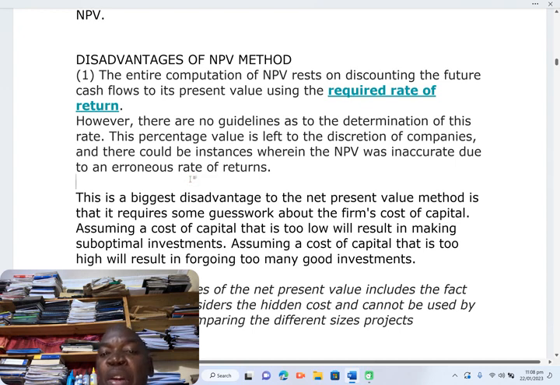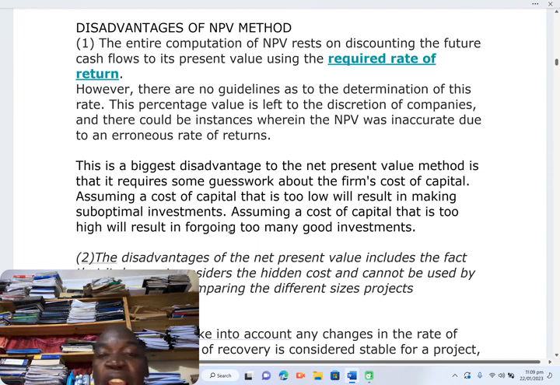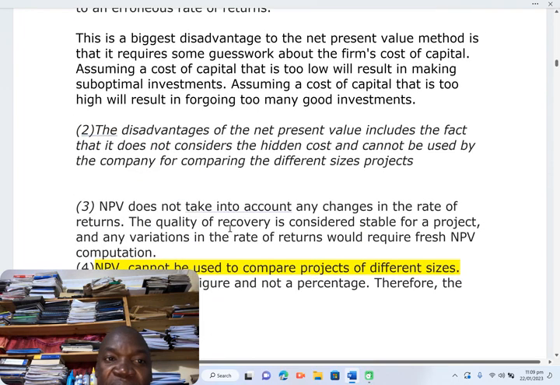Getting the rate involves a lot of estimation, a lot of decisions, which depend on the accounting policy of a particular company. Therefore, every company has its own way of getting the required rate of return for discounting this project's cash flow. This would mean the computation of the required rate of return involves an inaccurate method, which is subject to a risk of error in some cases.